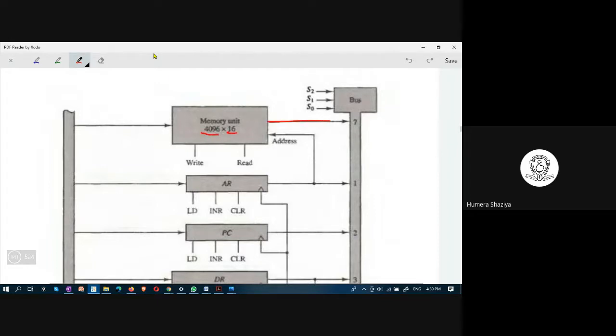It is giving out data on the bus. The AR register sends out the address onto the bus. Also, this address can be fed into the memory, and you can perform read and write operations on the memory.